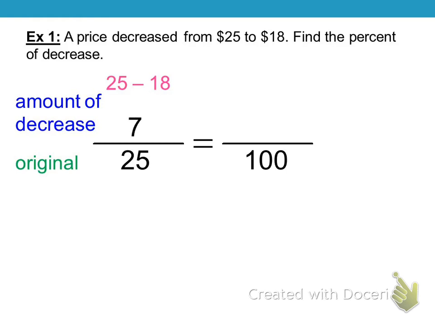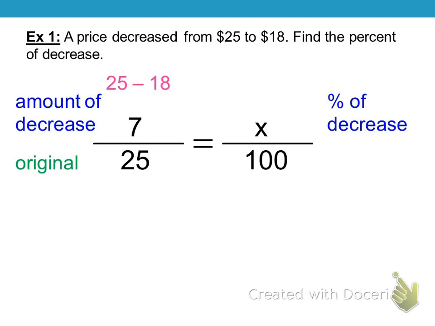That's how much the price went down. That's what will give us our percent of the decrease. And the cool thing about this proportion is that since it already puts it over 100, we don't need to do any decimal jumping. It already takes care of that by making it that ratio over 100.